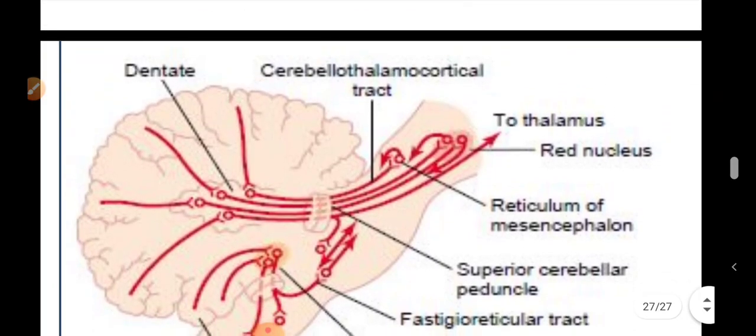The tract going through the superior cerebellar peduncle is the cerebellothalamocortical tract, going from the cerebellum to the thalamus and then to the cortical areas.